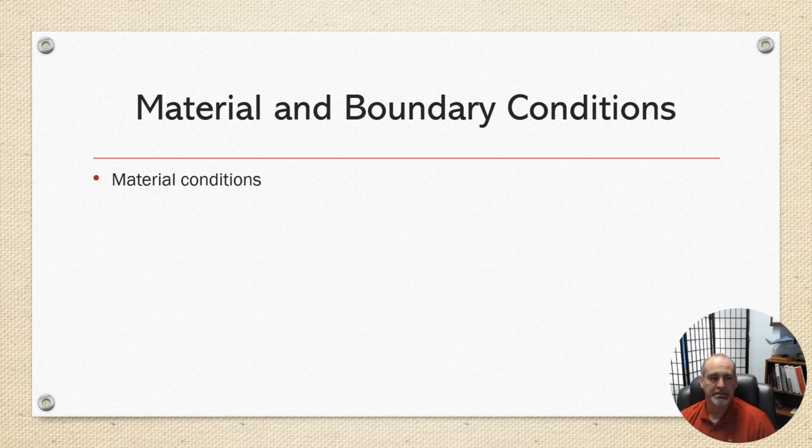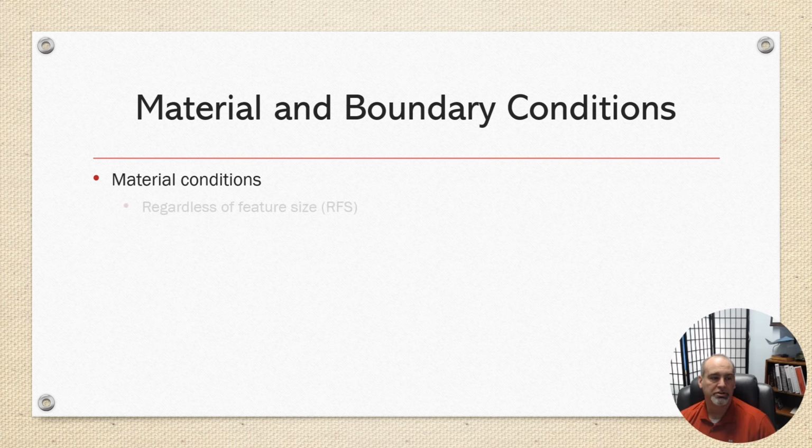The semantics is material condition is the physical part you're measuring. What is its condition? And the boundary condition is what is allowable. So it's semantics, but if you talk to someone that's been in the trade for a while, they're probably just going to call it material conditions, regardless of which variation of the term they're looking at.